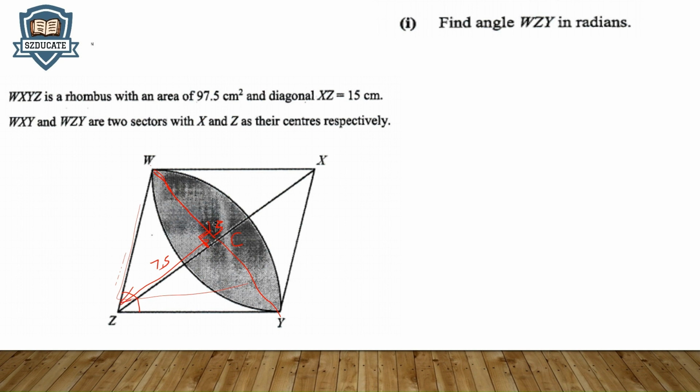Now, what would this triangle ZWX be if I want to find the area? Wouldn't this WC be the height and then the whole XZ be the base? Yes, and times 2, I will find the full area of the whole rhombus, which is given to me. So I can work backwards to find the WC height.